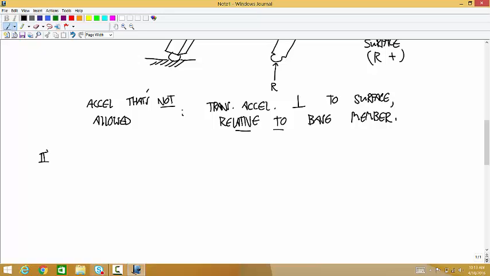Then category 2. This applies 2 load variables, and it restricts 2 components of acceleration.